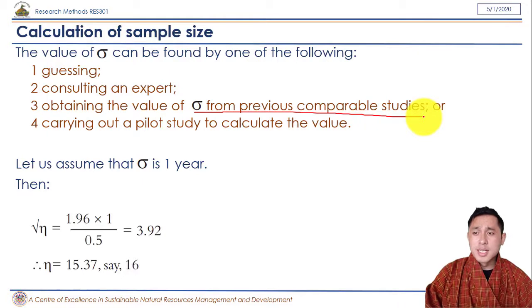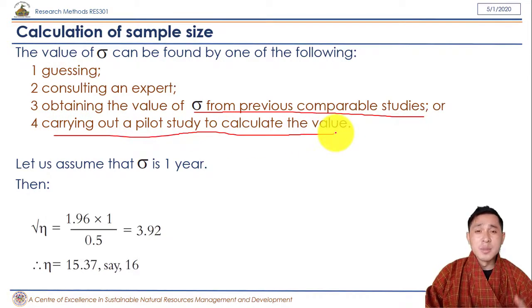You may also do some pilot studies, feasibility studies, or reconnaissance studies, and you can get a basic idea about that population, what the basic statistics are, and you can calculate the sigma. And from these 4 ways to determine sigma, let us say that I have somehow managed to get the standard deviation value as 1 year.